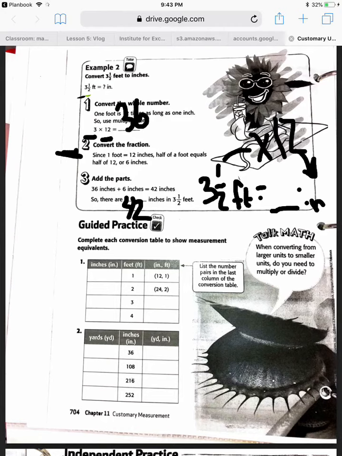So you would find out that 3.5 feet times 12 equals 42 inches.